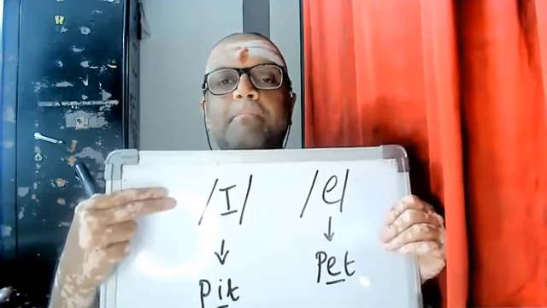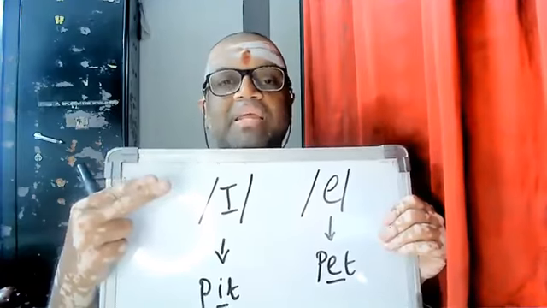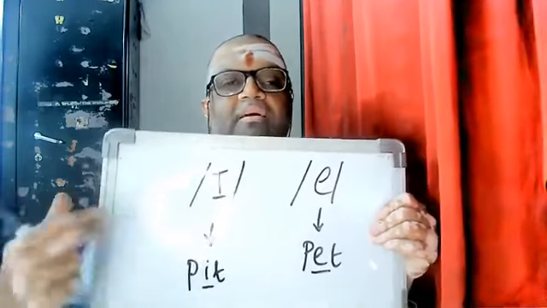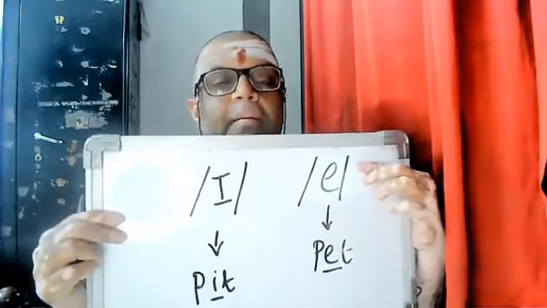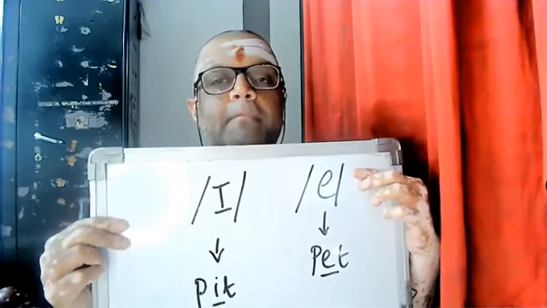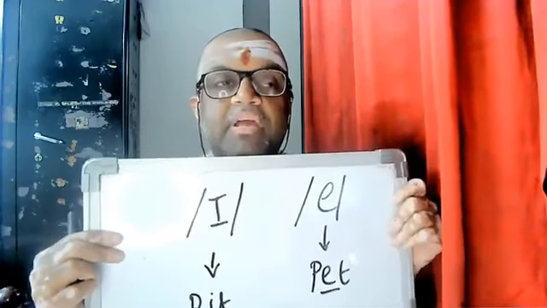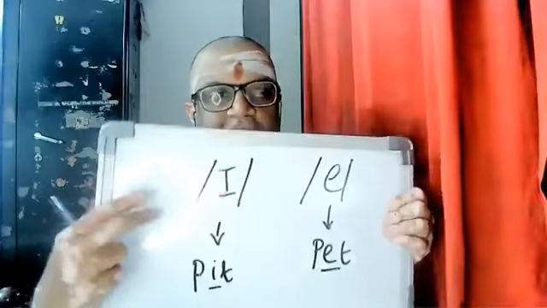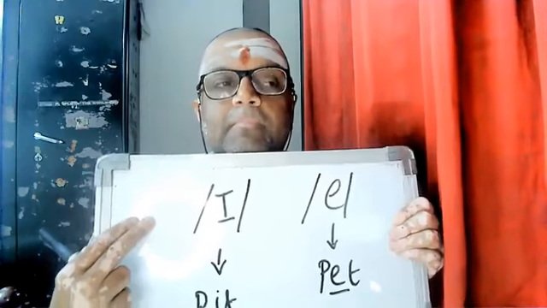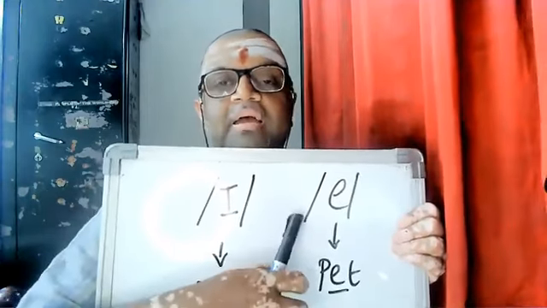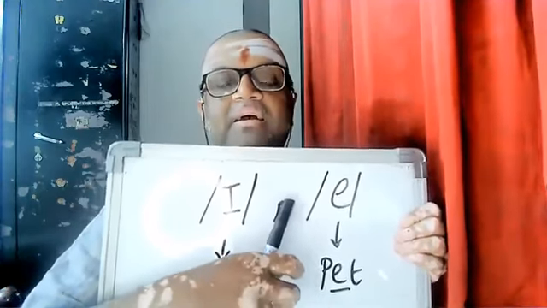It is somewhere between an E and an A: pet, pet. Later I'll be giving you practice words for each of the sounds, so you'll understand things better. Let us come back to this: pit, pit, pet, pet.